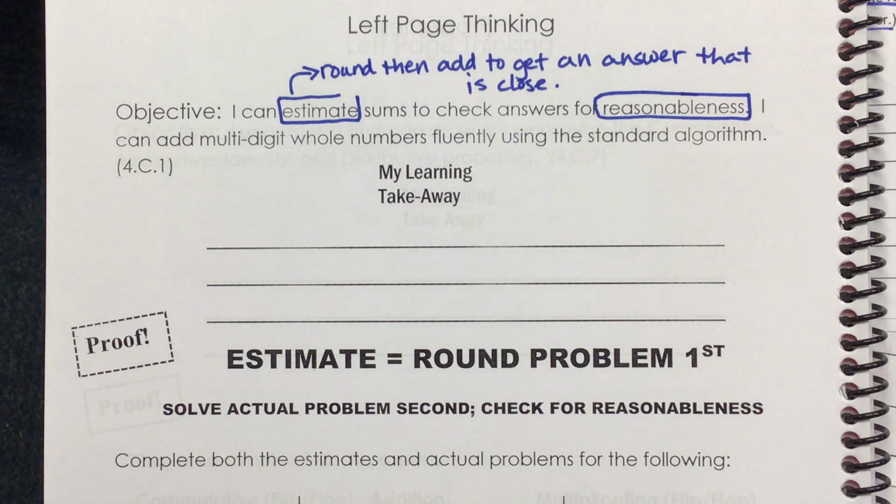What does it mean? Addie? It means, to be reasonable, like you need a reason for it.